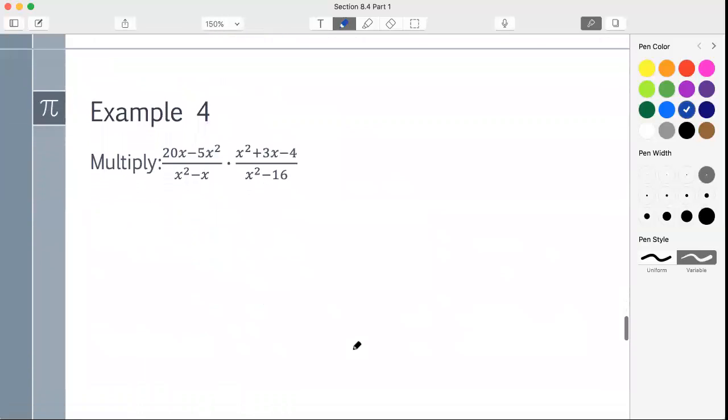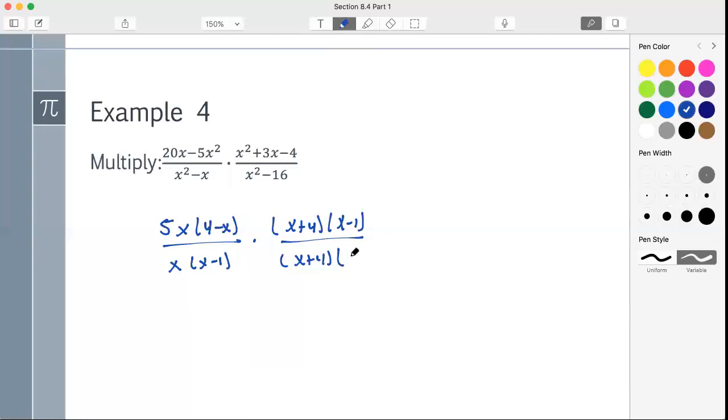Okay, so example 4. What I like to do in this problem, since we have some things going on, is factor. So in the first factor, I have 5x times the quantity 4 minus x. Over here on the bottom, I have x times x minus 1 times the quantity x plus 4 times x minus 1 over, in the denominator, x plus 4 times x minus 4.